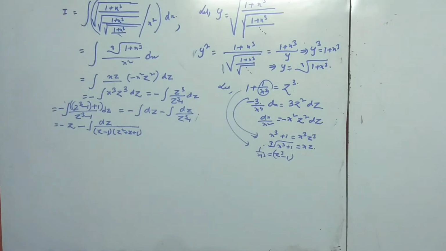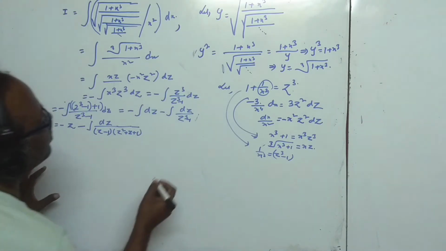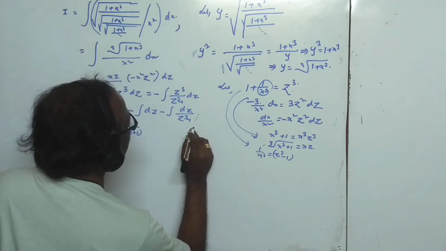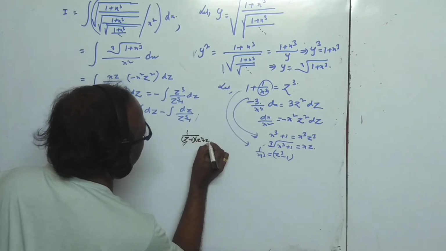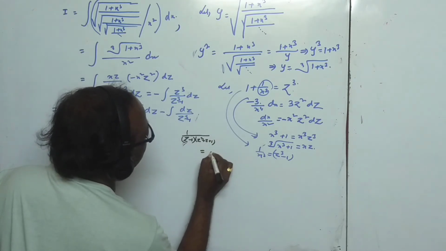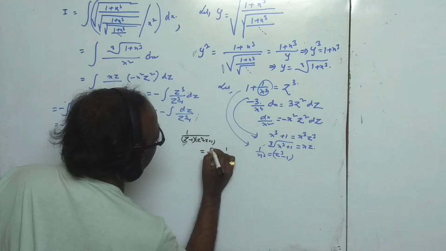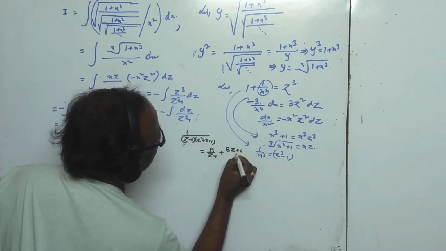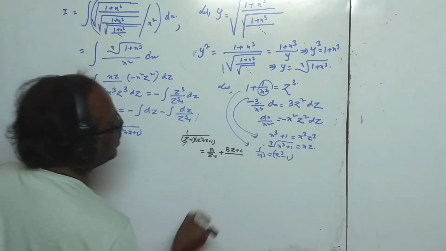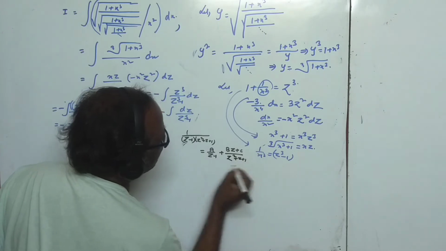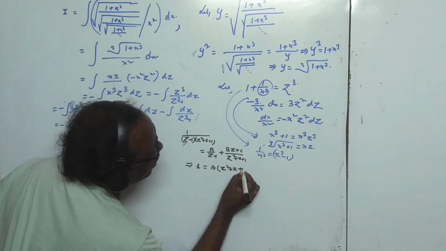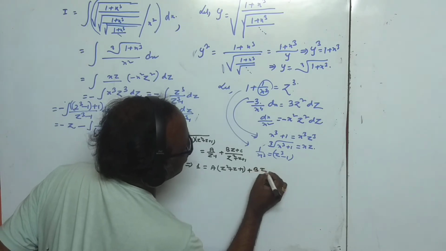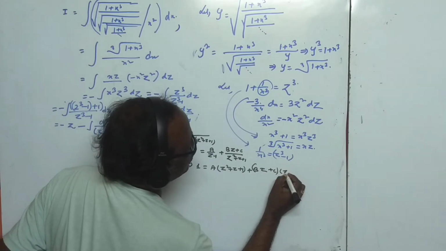Okay, now this is the partial fraction. So now see here, the integral, only the integrand: z minus 1 and z square plus z plus 1, okay, and that is equal to 1 by z minus 1, that is a by z minus 1, plus bz plus c by z square plus z plus 1, then followed by 1 is equal to a into z square plus z plus 1, okay, and plus bz plus c into z minus 1.